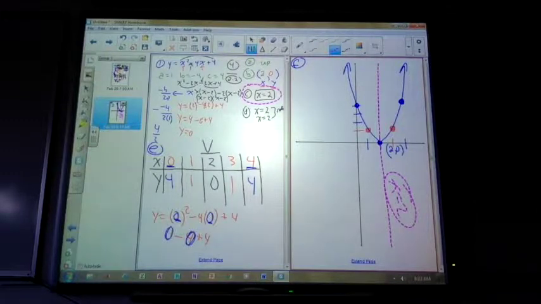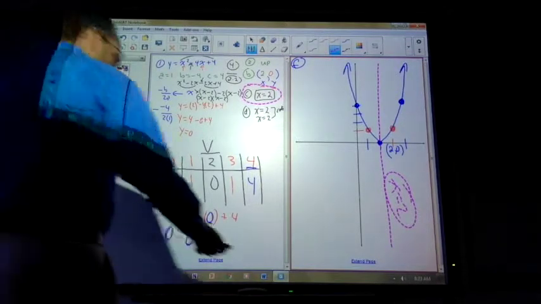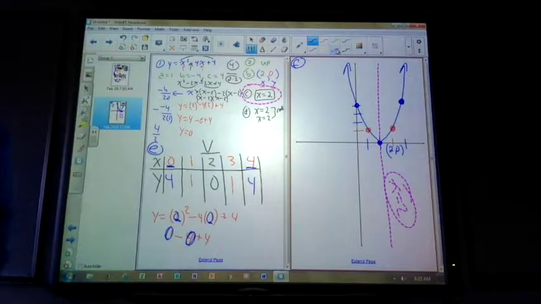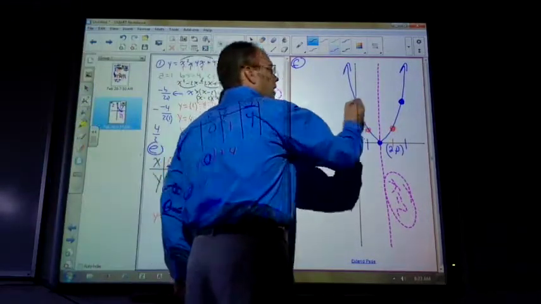Okay? Some information that we know about this. Where does it hit the y-axis? Where does it cross the y-axis? Count again. 0, 4. It's crossing right here, right?